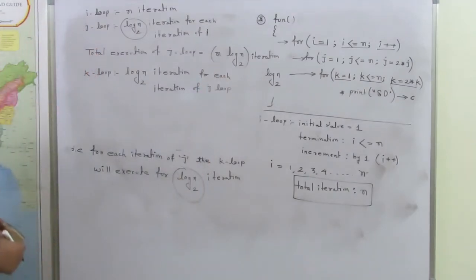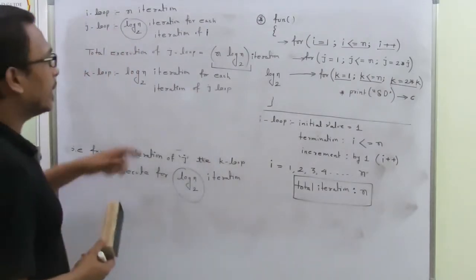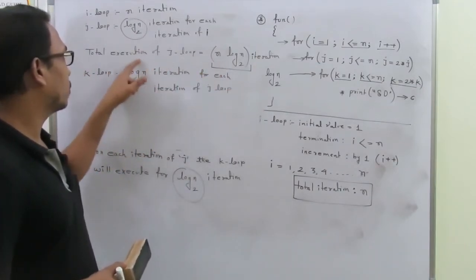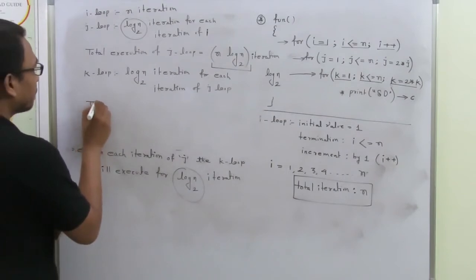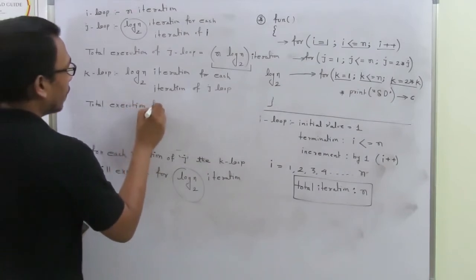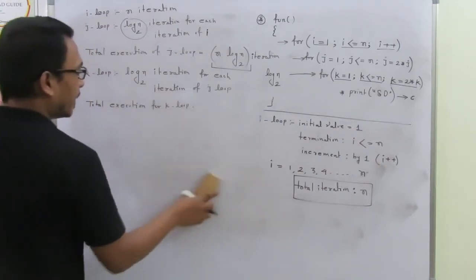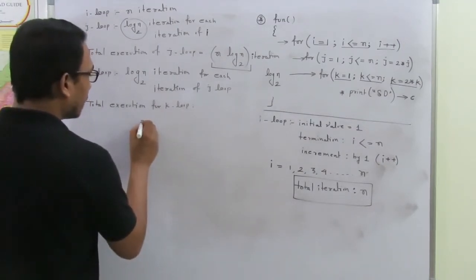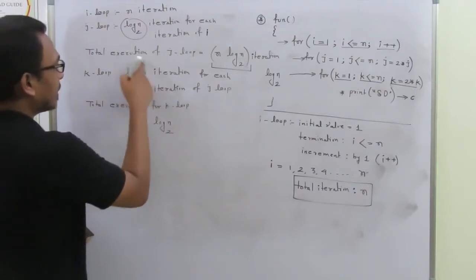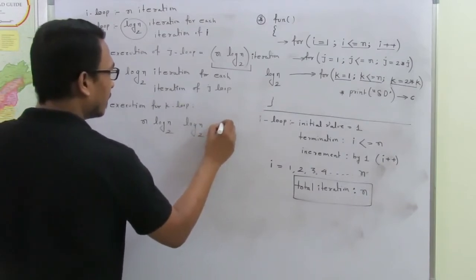Total j iterations are n log n base 2, and in each of these iterations the k loop will execute log n base 2 times. That means total execution for the k loop will be n log n base 2, and then log n base 2. These many iterations will be there.